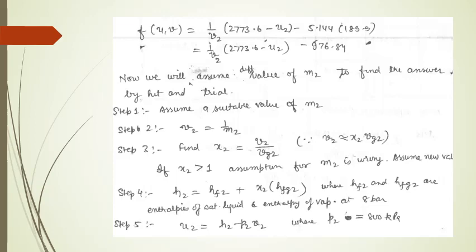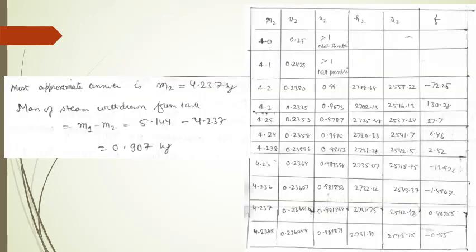Now step 4, H2 is equal to HF2 plus X2 HFG2, where HF2 and HFG2 are enthalpies of saturated liquid and saturated vapor at 8 bar. Step 5, U2 is equal to H2 minus P2V2, where P2 is equal to 800 kilopascal. Now we tabulate the values of various parameters M2, V2, X2, H2, U2 and the final function FUV.